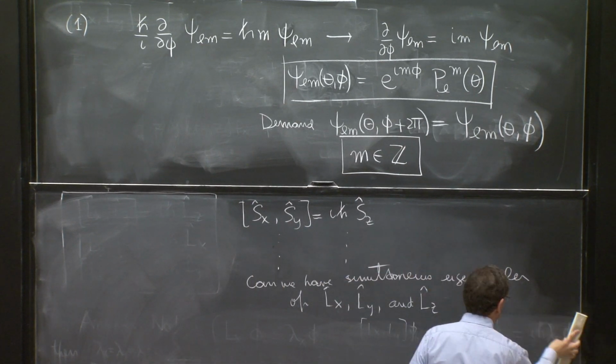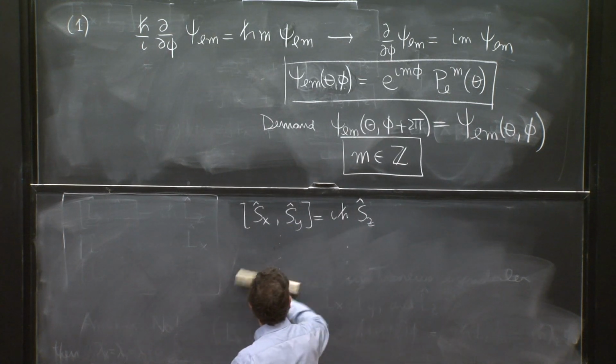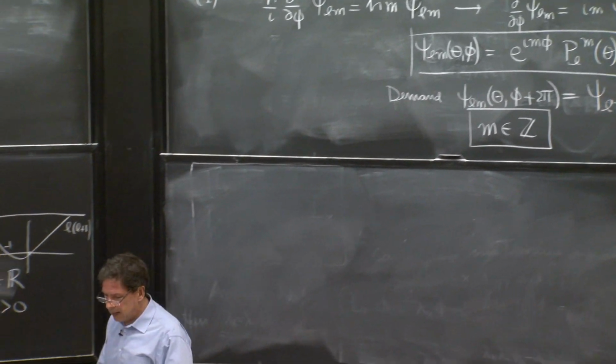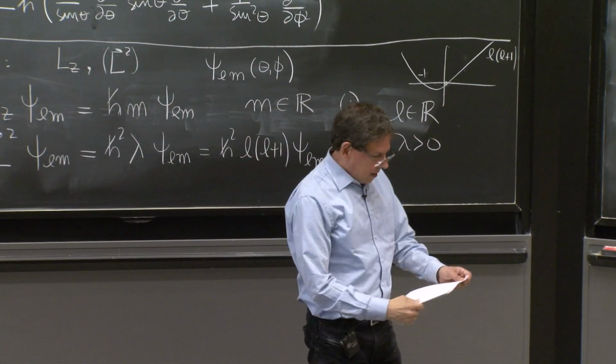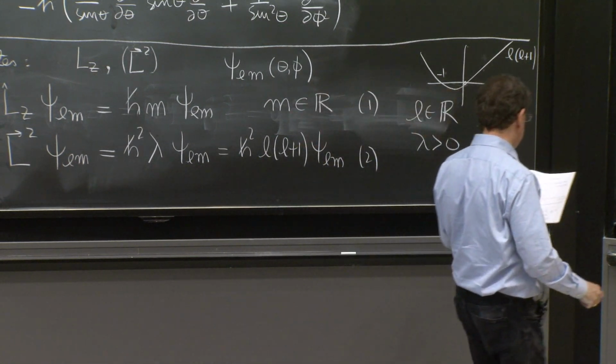So what is the second equation? Well, it involves a slightly complicated differential operator. And let's see what it does. So L squared, well, we had it there.